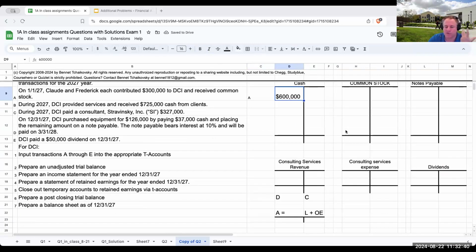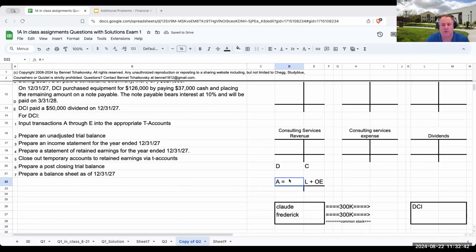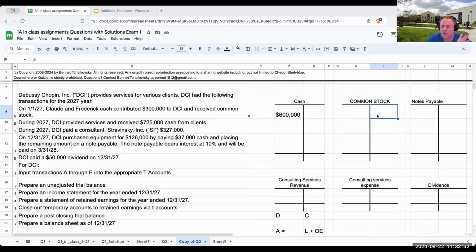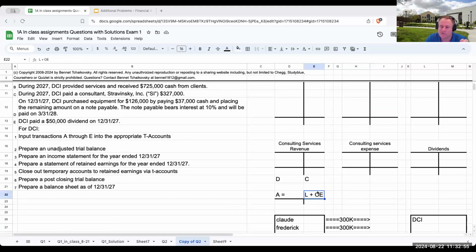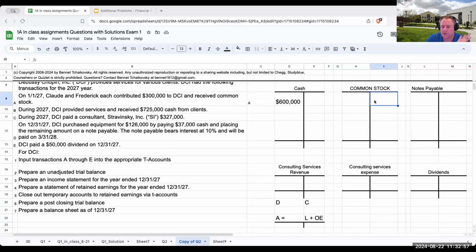Remember, cash, we're receiving it as an asset. We show increases to assets with debits, decreases to assets with credits, right? In exchange, I'm giving Claude and Frederick common stock. Common stock is part of owner's equity. So we're going to look at common stock and credit that for 600,000.